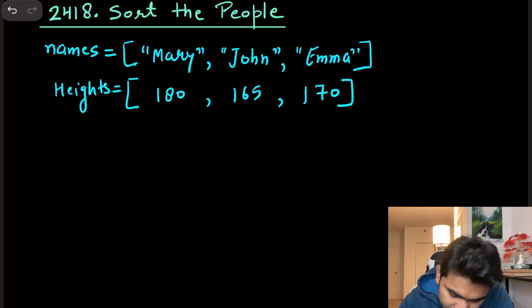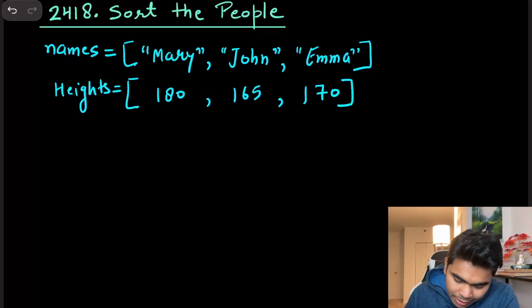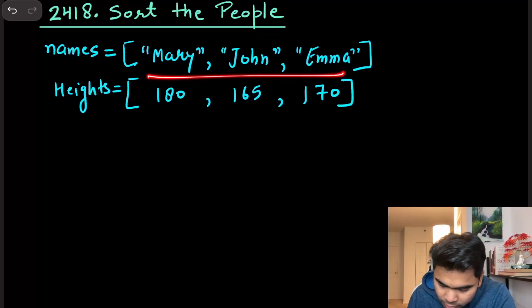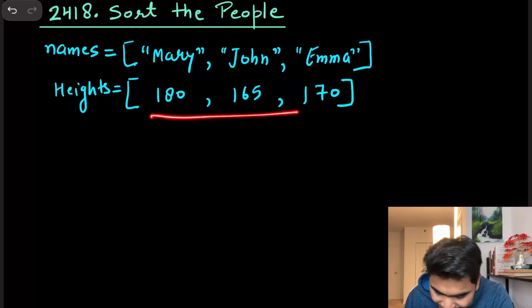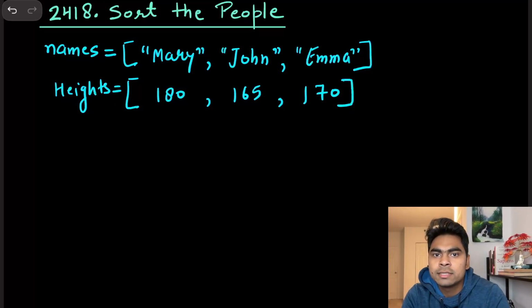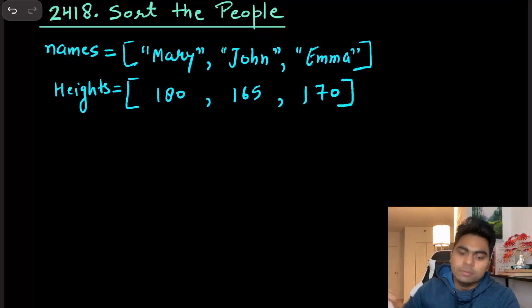Okay, what we need to do is sort these people as per their height, but in descending order. Whoever is the tallest stands in the front of our answer, and so on.